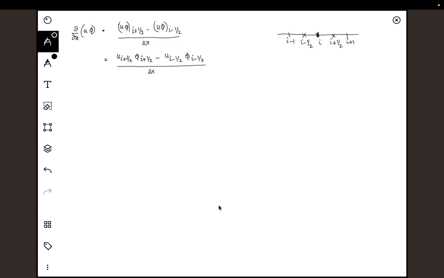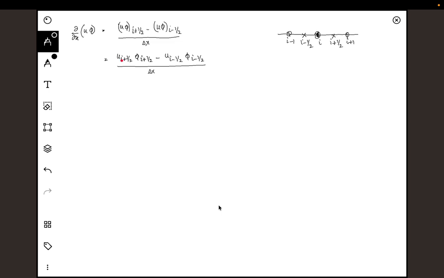What we need to find now are the values of ui plus half, ui minus half, phi i plus half and phi i minus half. Because the actual phi, whatever transport quantity you're using, is stored at the cell centers, which are I plus 1, I minus 1, and so on, but I need the values of these quantities at I minus half and I plus half. So what value should I be using? That would be the question.